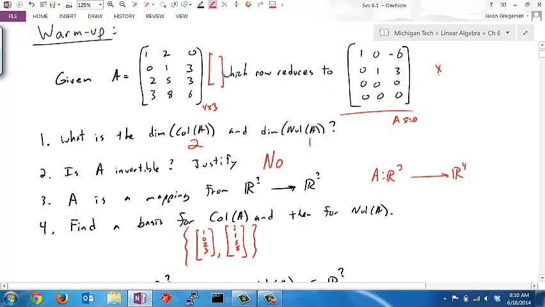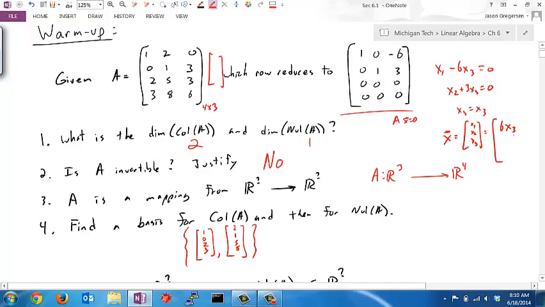I can see this gives me the equations x1 minus 6x3 equals 0, and x2 plus 3x3 equals 0. x3 is my free variable. So my solution to this thing, which will be a value for x1, x2, and x3. Well, x1 is just 6x3.